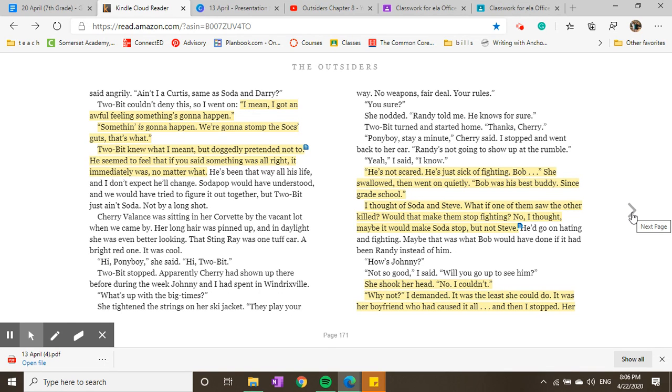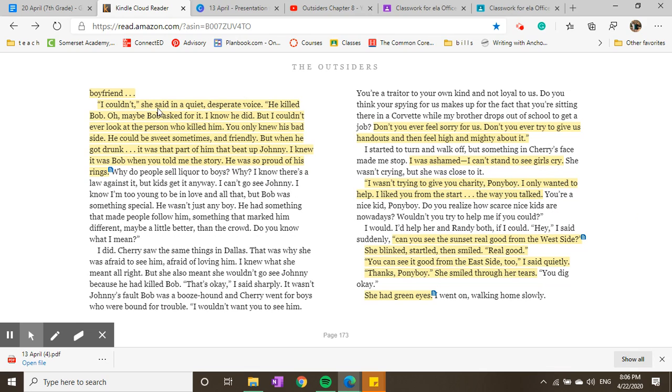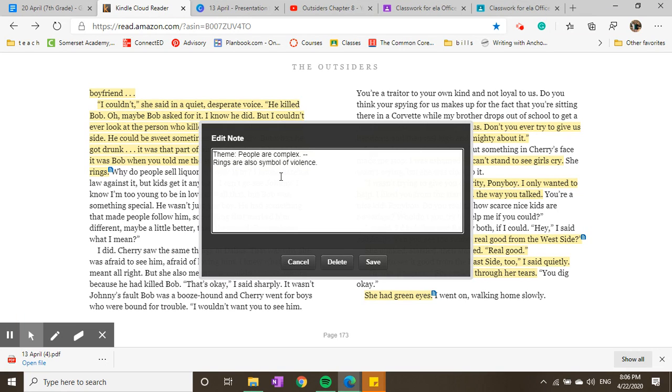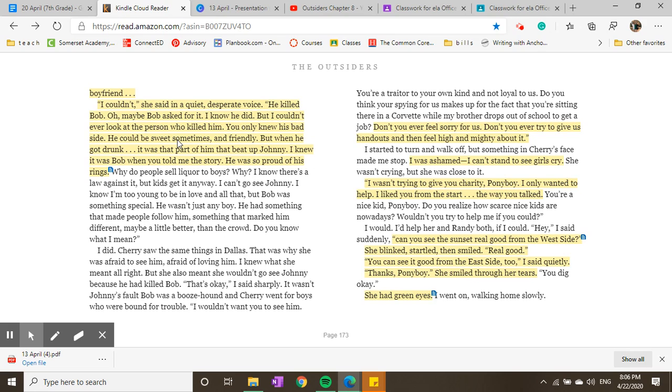And then we have this section where she says she won't go see Johnny. And this goes to another theme in this, which is people are complex. Also rings resemble violence, but people are complex. We have known Bob as this aggressively horrible character, because he attacks Johnny, and I'm not saying it in a bad way, but you don't really miss him.